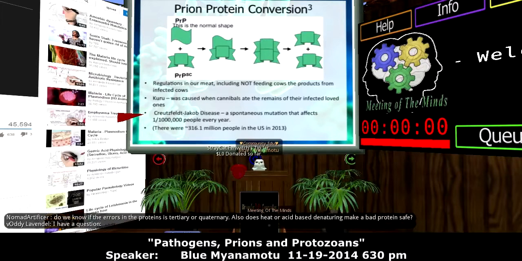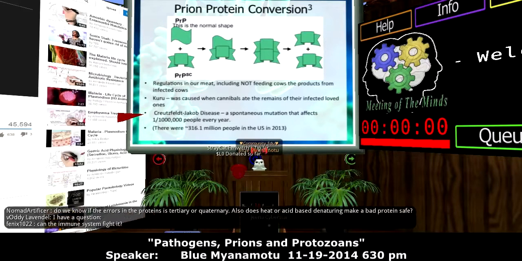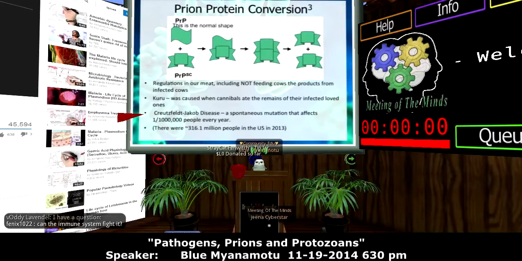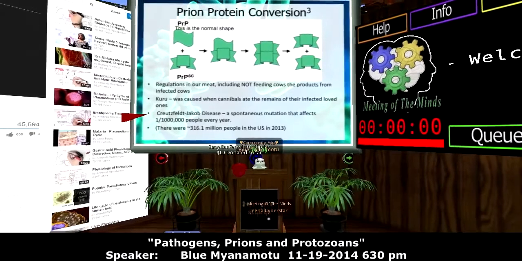Do we know if the errors in proteins are tertiary or quaternary? And also, does heat or acid-based denaturing make the bad protein safe? As far as I understand, Clint, denaturing does not make the protein safe. In fact, my understanding is that it's almost an immortal type of protein.